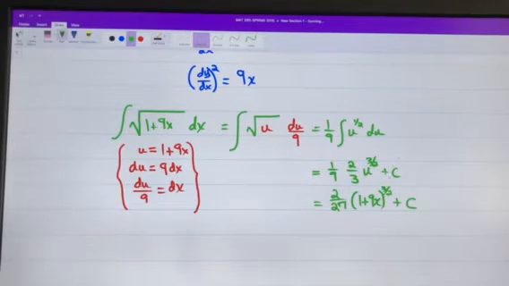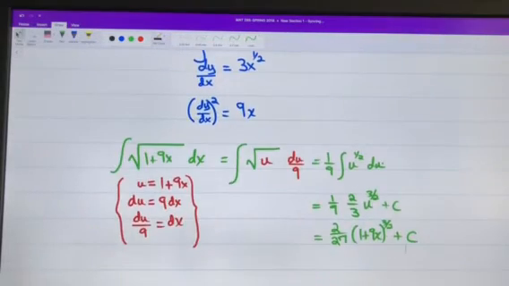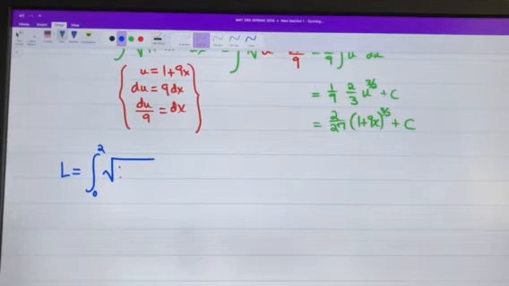So I have 2/27 of u to the 3 halves, and with back substitution, I have the quantity of 1 plus 9x raised to the 3 halves. Now, in carrying over officially with the length of this particular curve, I'm going from x is equal to 0 to x is equal to 2.